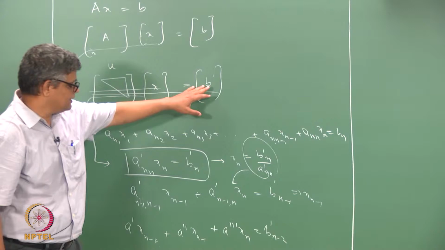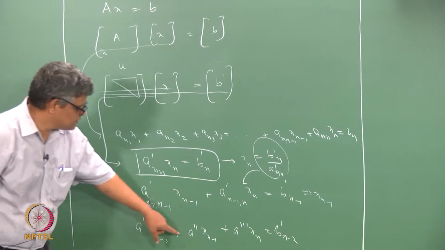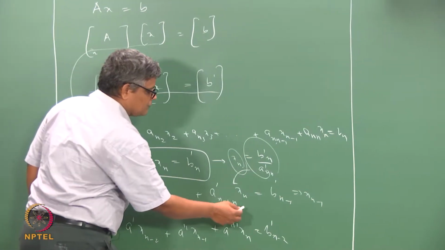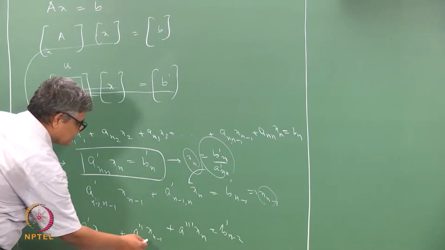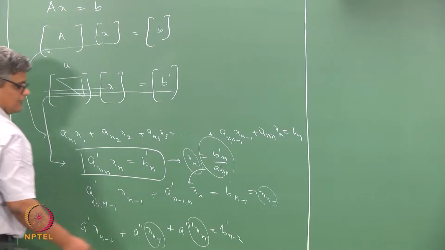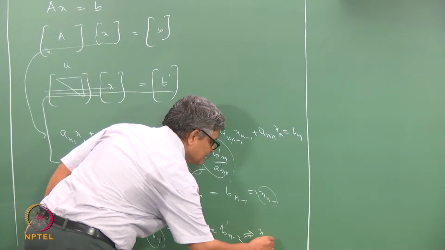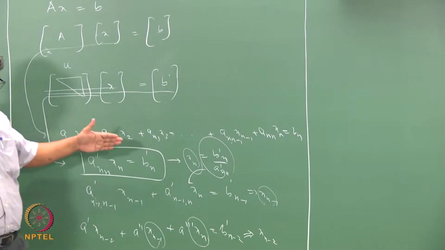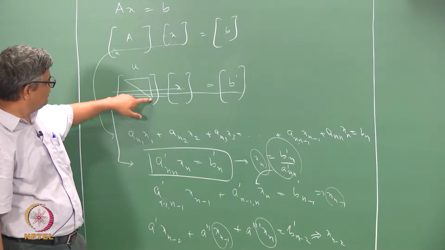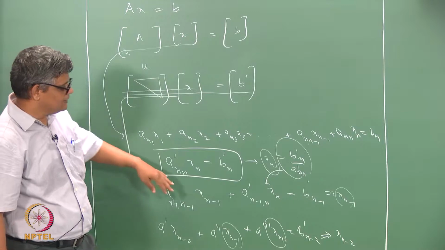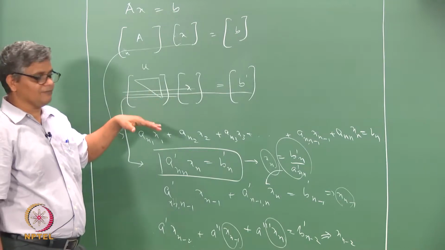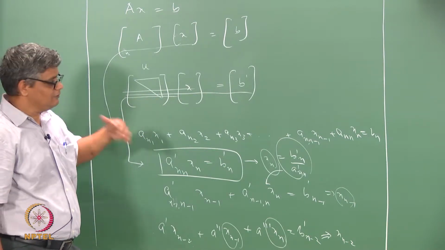So the right hand side of this equation gets changed and the coefficients also get changed. But by this time we already know xn and we already know xn minus 1. So we can substitute here for this and here for this, and we have a simple equation for xn minus 2. We can get from this xn minus 2. So by successive back substitution starting from the bottommost equation, the last equation, all the way up, we can evaluate xn, xn minus 1, xn minus 2, all the way to x1 through substitution alone, which is very fast.